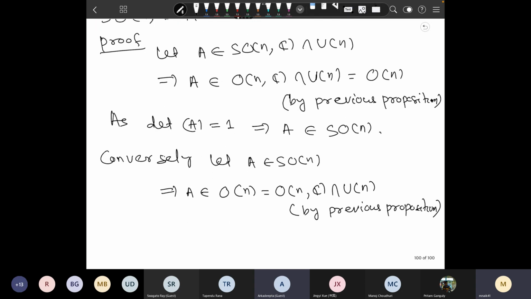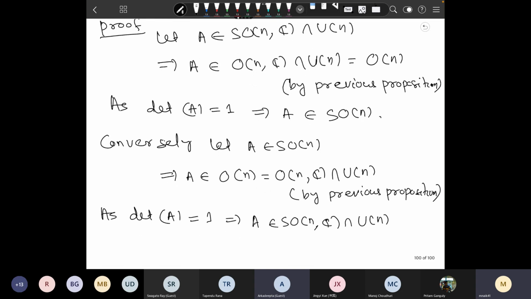Now, as the determinant of A is equal to 1, this implies A belongs to SONC intersection UN. So this finishes the proof.